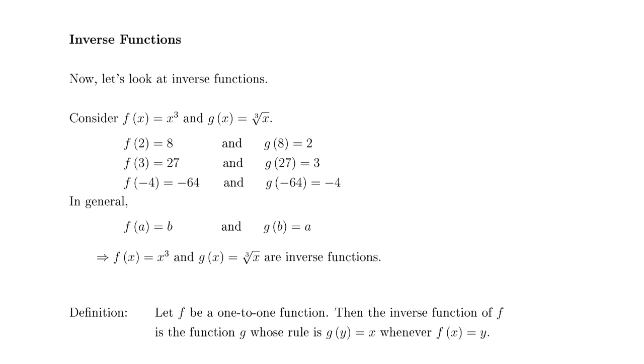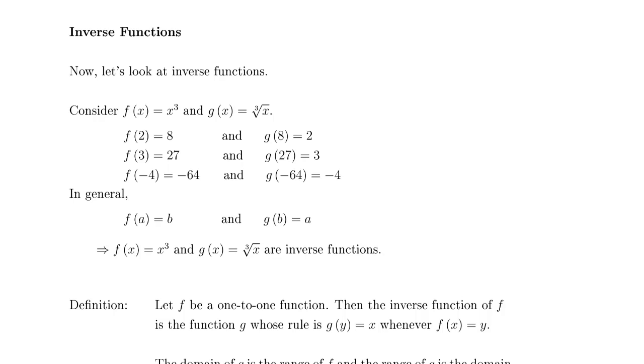Knowing that, let's try to describe what we mean by inverse functions. First, think of two functions. Let f(x) equal x cubed, and g(x) is the cube root of x. Take some values. Notice that f of 2, 2 cubed, is 8.